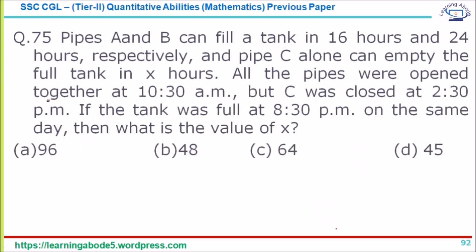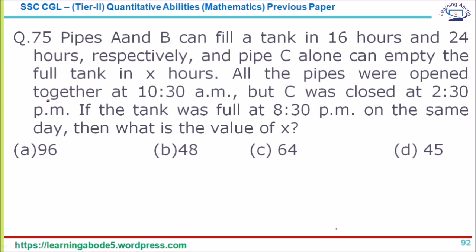Now question number 75. Pipes A and B can fill a tank in 16 hours and 24 hours respectively. Pipe C alone can empty it, so that's doing negative work, in X hours. All three pipes are opened at 10:30 and C was closed at 2:30, that is, after 4 hours it was closed.